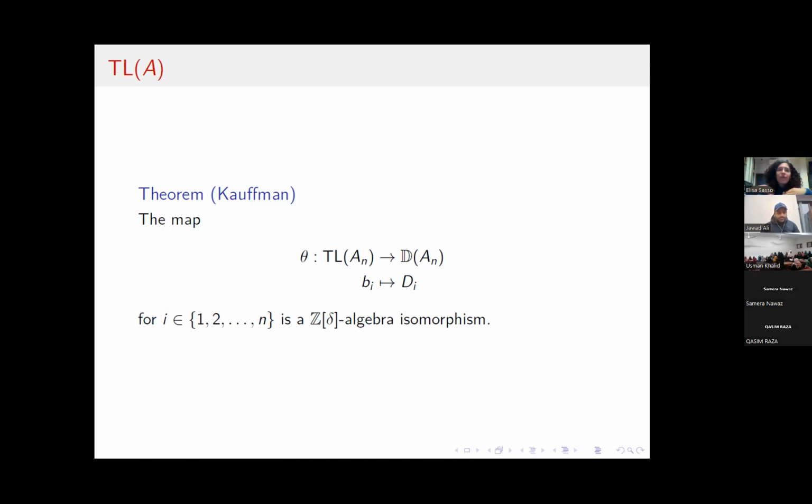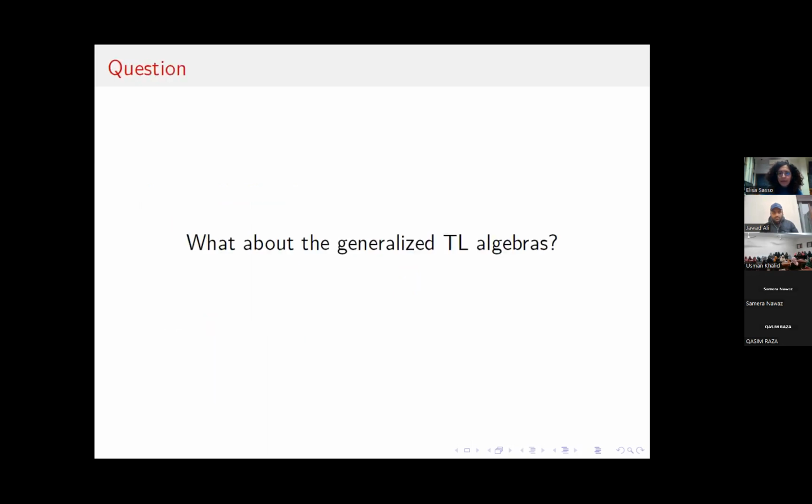And it was done in the 80s and the 90s, because the Temperley-Lieb algebra of type A is a really classical object. It was the one that was discovered in statistical mechanics. But as I told you, they've been generalized.